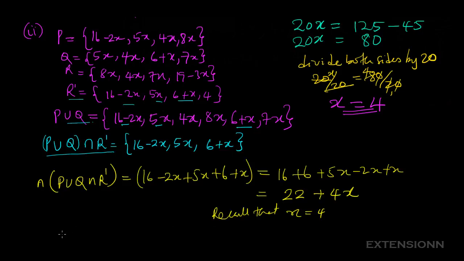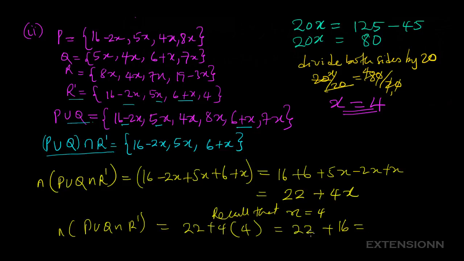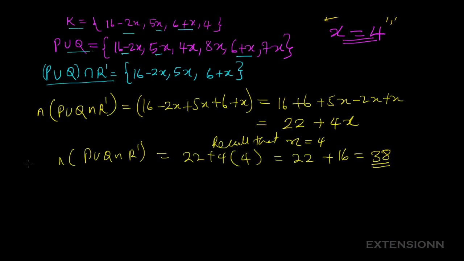So since x equals 4, we can now say n of P union Q intersect R prime equals 22 plus 4 times 4, which is 16. Okay, so 22 plus 16, that's going to be 38. So you see, it's that straightforward. So we can now write finally that n of P union Q intersect R prime equals 38.